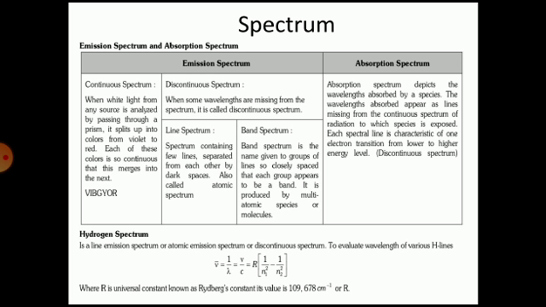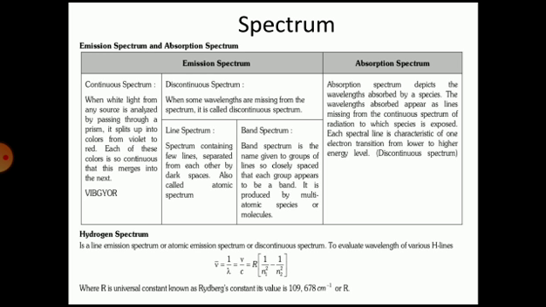Suppose we are having the continuous spectrum. What is continuous spectrum? When white light passes through the prism, it shows 7 colors, right? But if we place a cold gas before the prism, then what will happen?